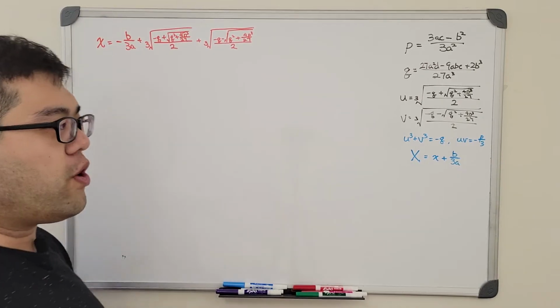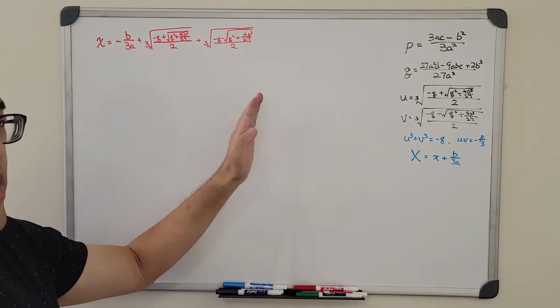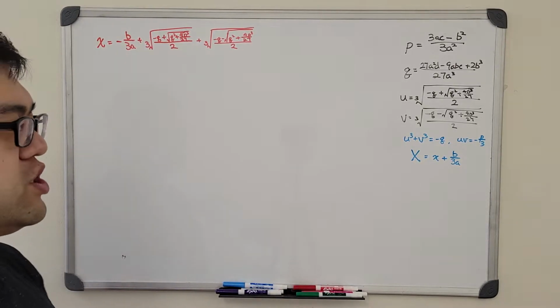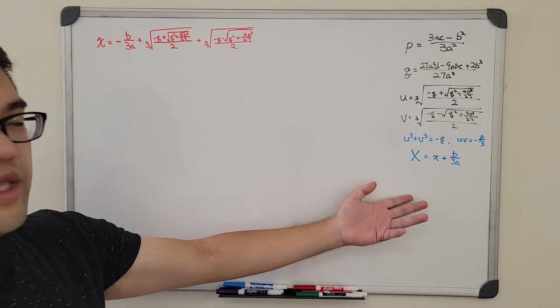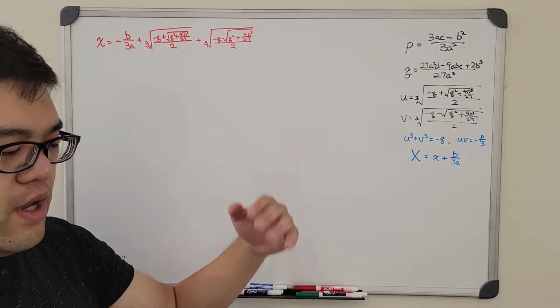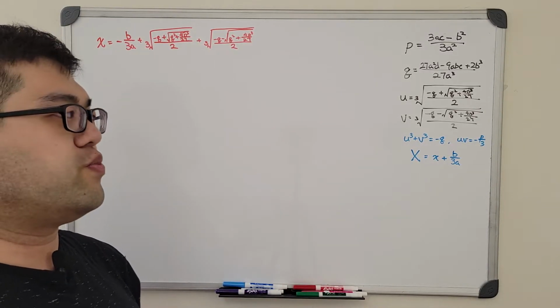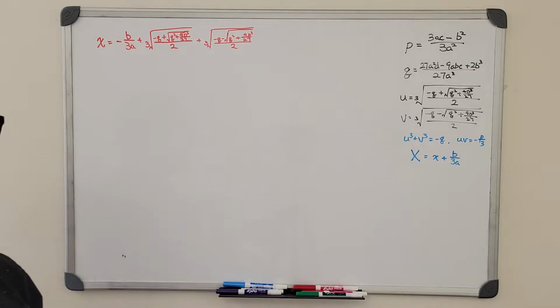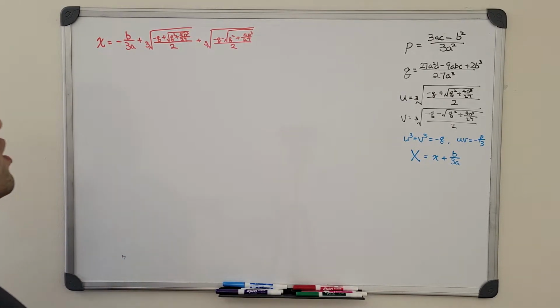And again, the lowercase x is the original variable that we're solving for in our general cubic equation, and we use a capital X in our substitution so that we can make our general cubic equation into what we call the depressed cubic equation, meaning that there is no x squared term anymore.